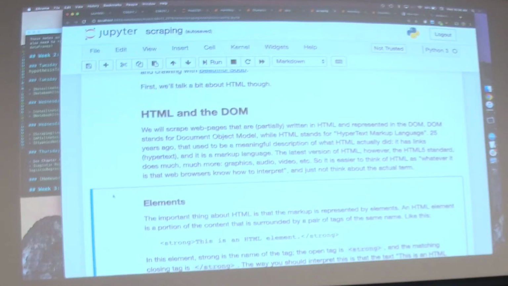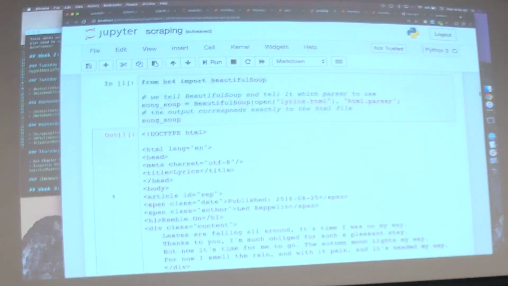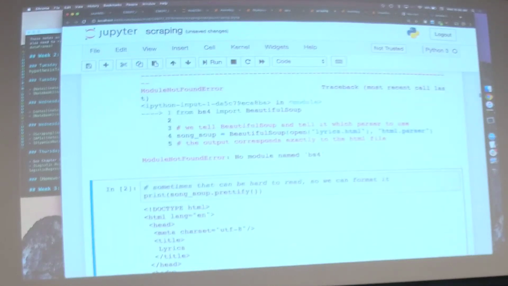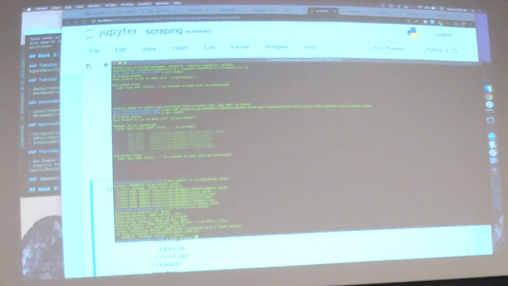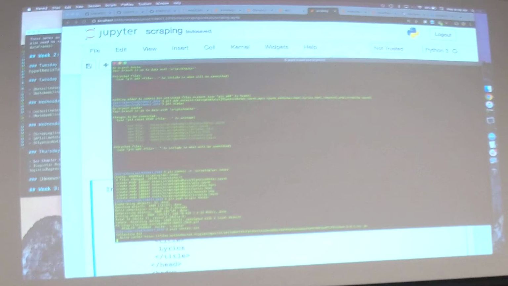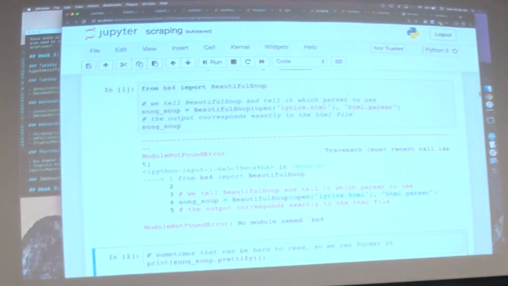We download a web page, parse the HTML into the DOM, and then using the DOM, we extract the things that we care about. Beautiful Soup is a Python library for doing DOM processing.